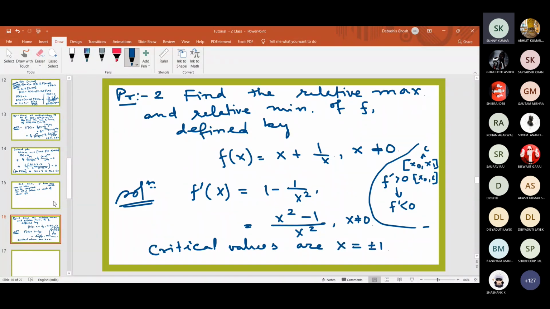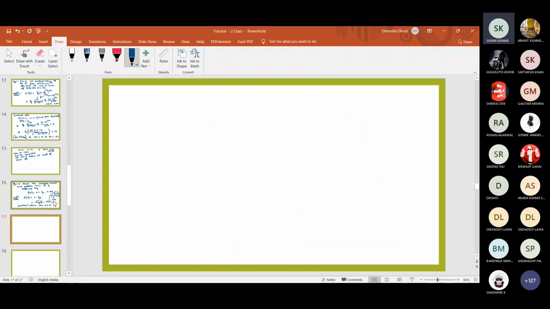So at those points we will consider, but for that we have to consider an interval that contains these points. If you draw the graph, it is separated by this line, and the curve is something like this.